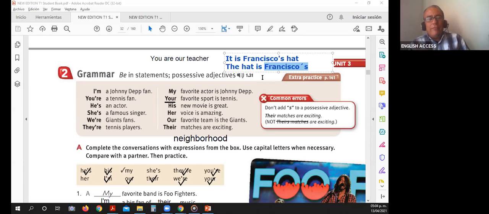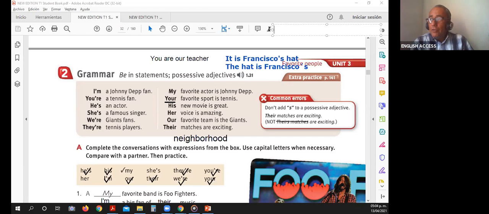El gorro de Francisco, ¿sí? O sí, es de Francisco el gorro. Two ways to say it. Dos formas de decirlo. But it's the same information. And these two ways to say it are correct. Y las dos formas de decirlo son correctas.